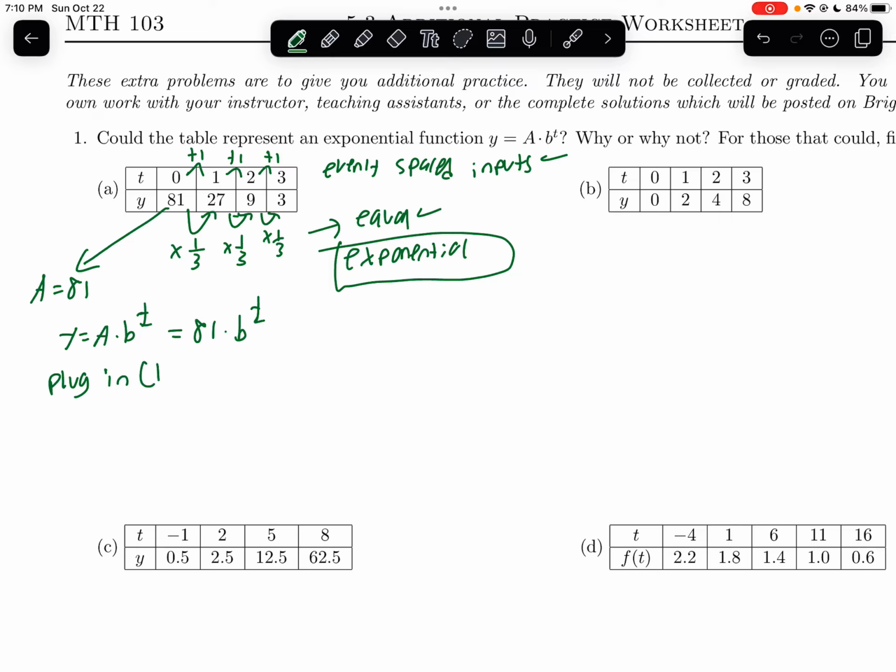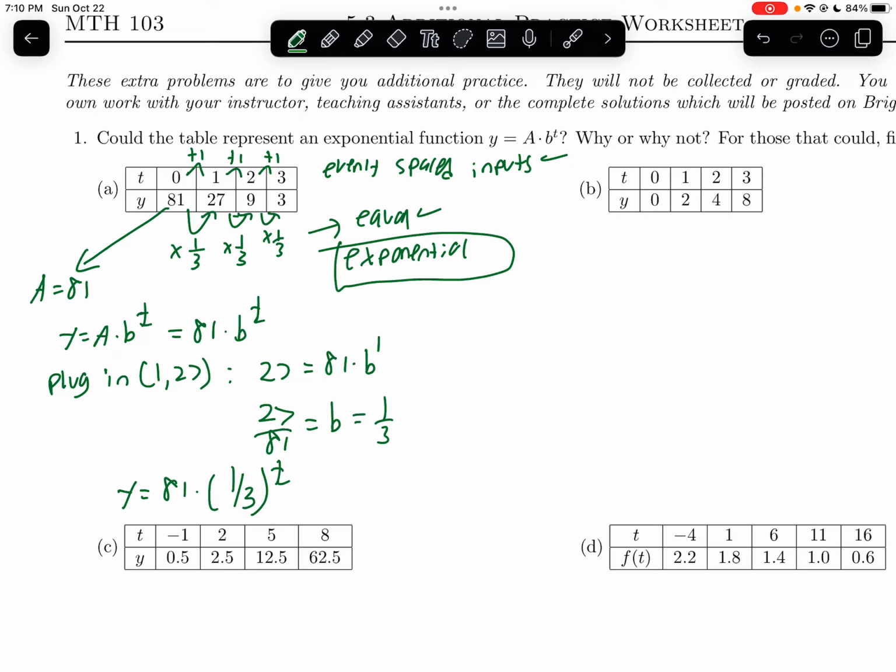So if I use just the first one, or the second one, 1, 27, then I have 27 equals 81 times b to the first power. So b is just 27 over 81, which is 1/3. So your function is 81 times 1/3 to the power of t.